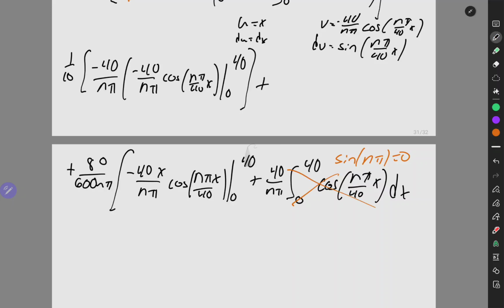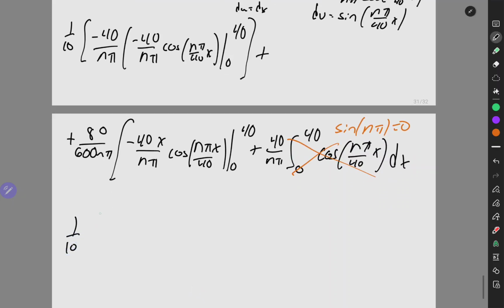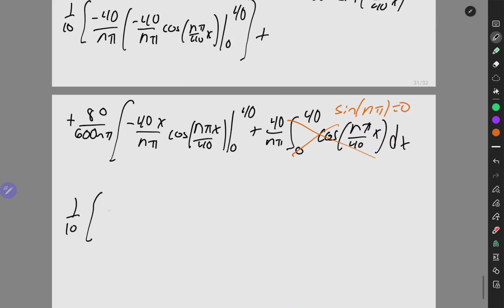Let's get rid of that. We can multiply those 40s together, I guess. That's going to be negative times a negative. That I know is 1600.